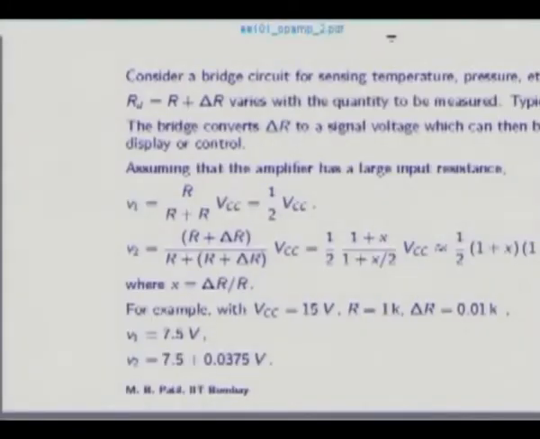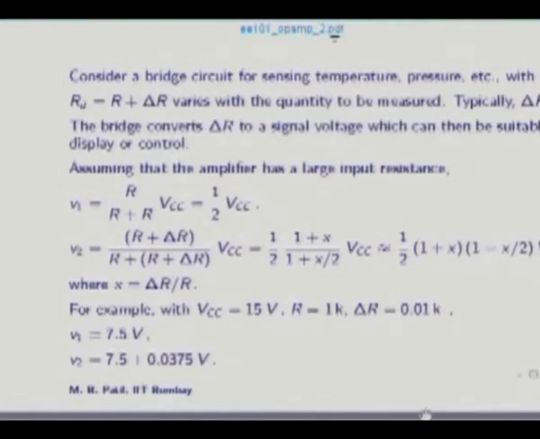And it's good to take an example at this point, just to fix these ideas in the mind of the student. Let's say VCC is 15 volts, R is 1K, delta R is a small number, 0.01K. So this is like 1% of the nominal value, and V1 will be VCC by 2, which is 15 volts by 2, 7.5.